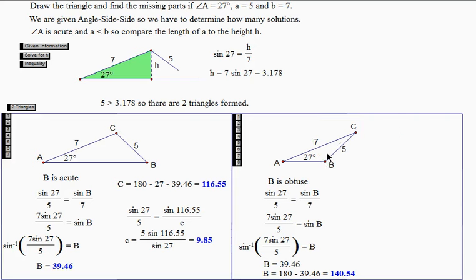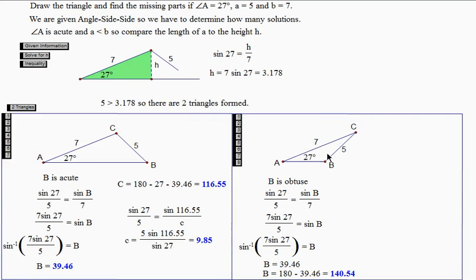Now we can continue solving this one. We know the 27, we know the 140.54. We can easily find angle C. Do 180 minus the 27 minus the 140.54 gives angle C to be 12.46. And then we can do the law of sines again.